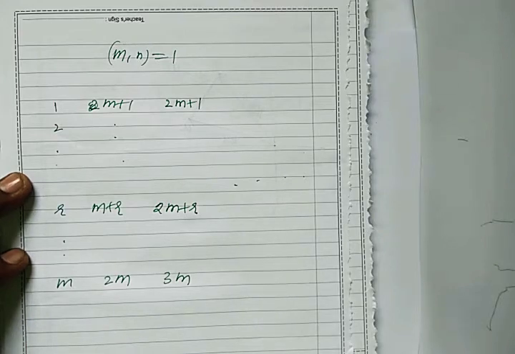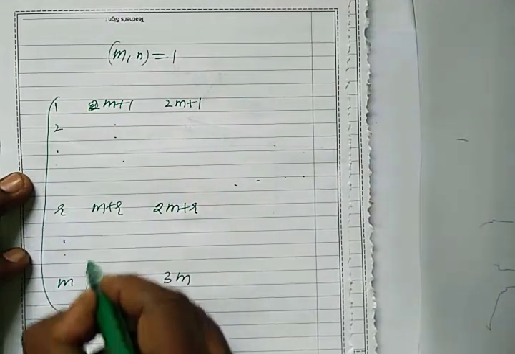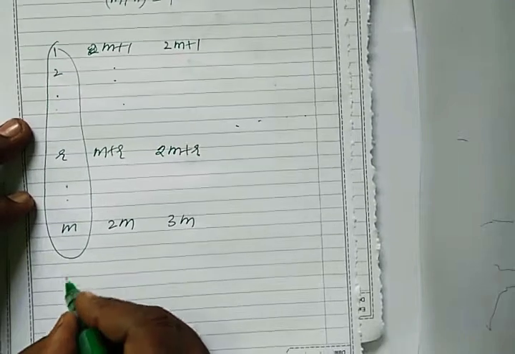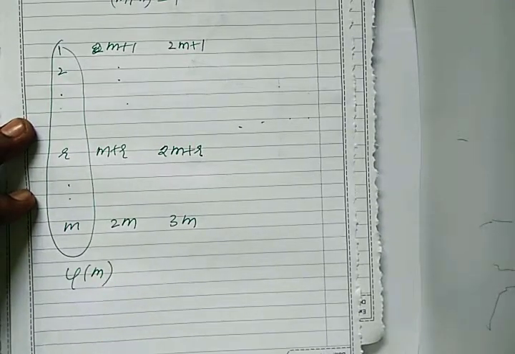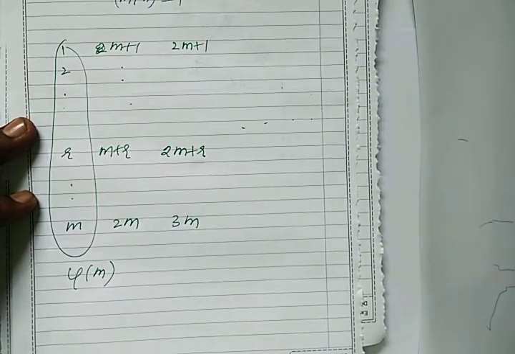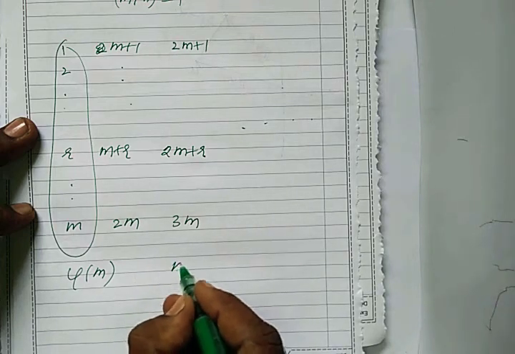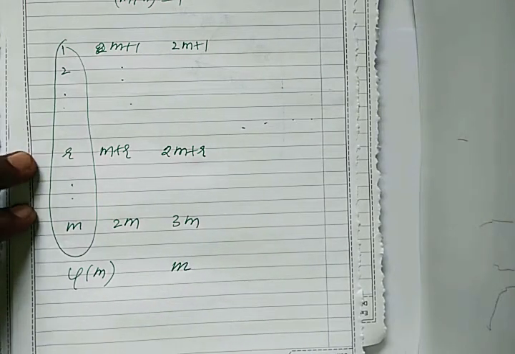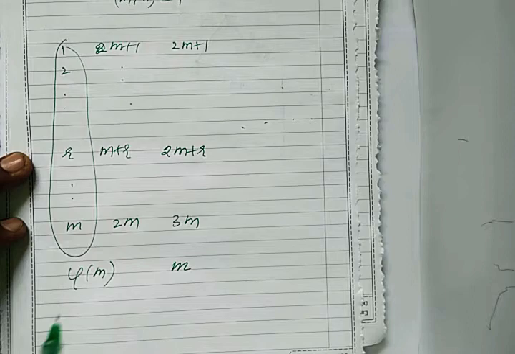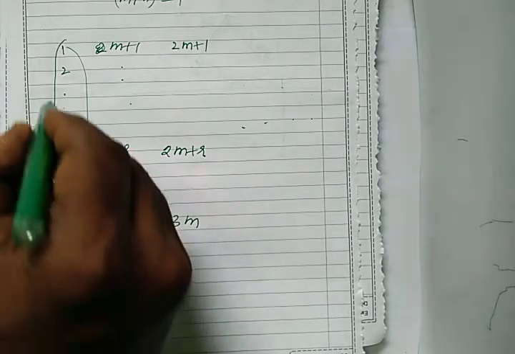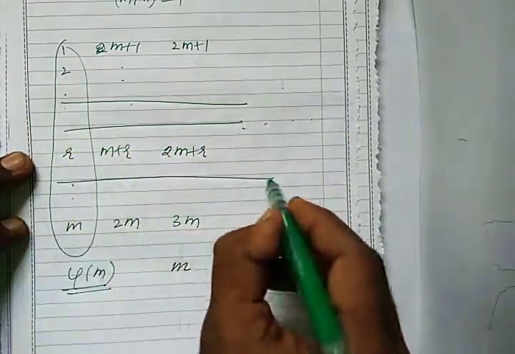See here, in the first column, excluding phi of m numbers, other numbers are not relatively prime with m. So excluding those phi of m numbers, I am deleting the rest of the rows.